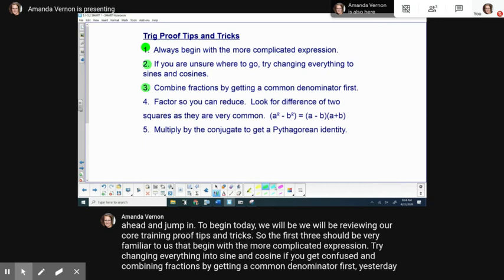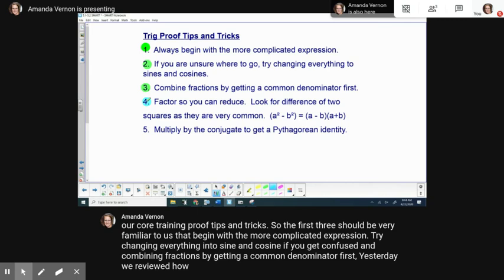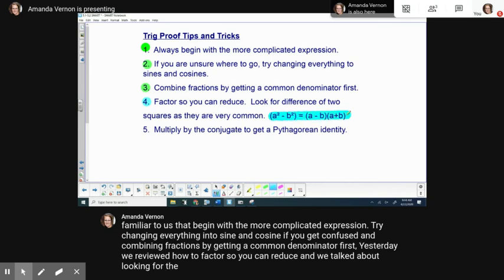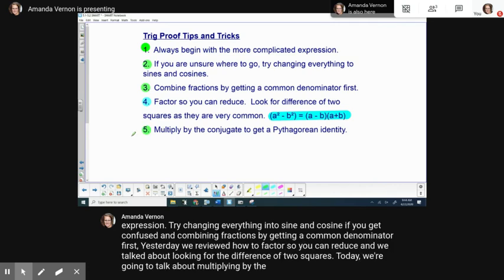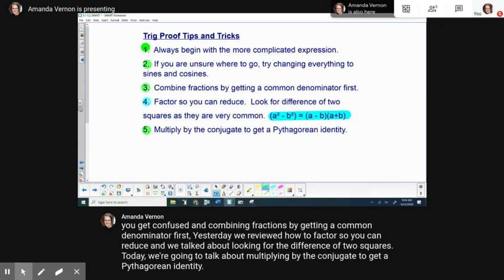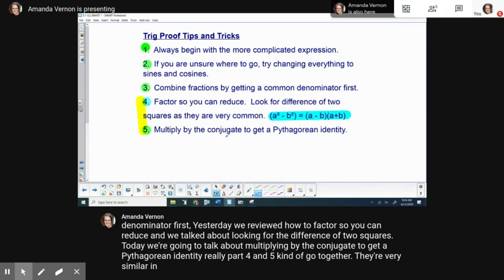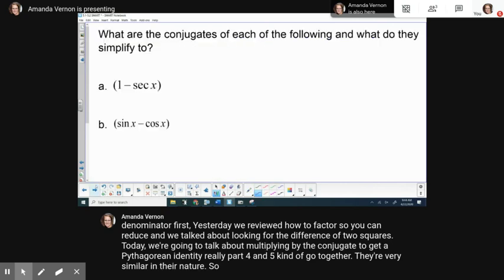Yesterday, we reviewed how to factor so you can reduce, and we talked about looking for the difference of 2 squares. Today, we're going to talk about multiplying by the conjugate to get a Pythagorean identity. Really, parts 4 and 5 kind of go together. They're very similar in their nature. So let's talk about conjugates.